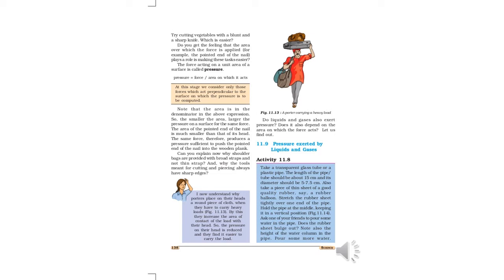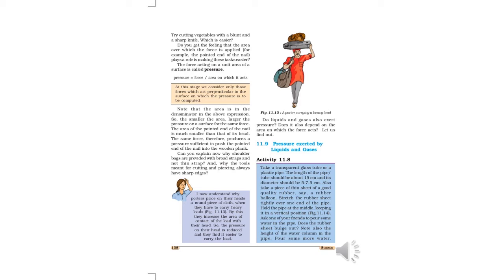The nail is pushed into the wooden plank from its pointed end. The reason is the area of the pointed end of the nail is very small compared to that of the head. For the same force, a large pressure can be created by the small area of the surface.